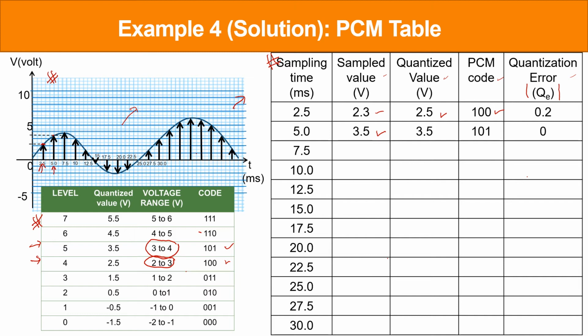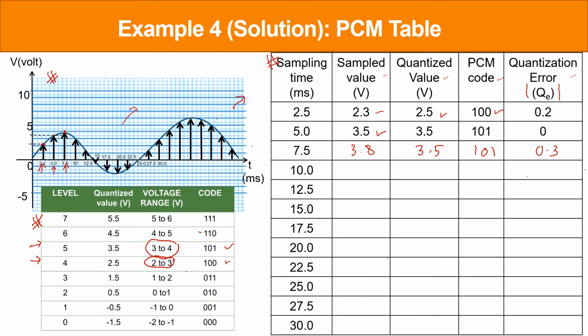So for 7.5 milliseconds here, refer to this graph, you will get around 3.8 volt. So refer to this reference table. It belongs to level 5, and here is the PCM code, and the quantization error is 0.3.